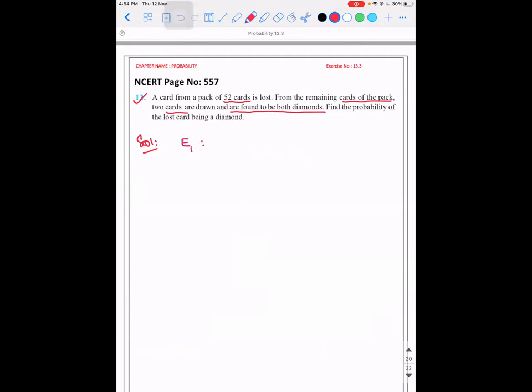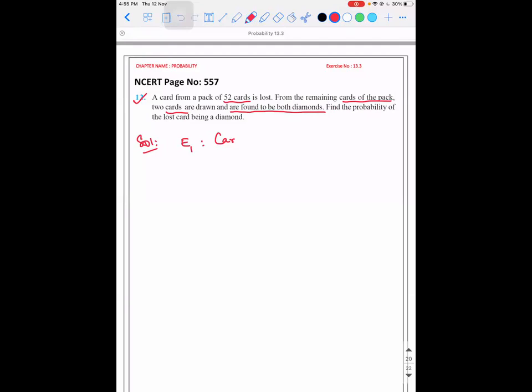So what is event 1? A card is lost. See, if you take the card as lost as event 1, then what will event 2 be? The cards which are remaining. If you take the cards which are lost, then what is the probability of it? 1 by 52. Then cards which are remaining, 51. So you're trying to take them as exclusive. Okay, but here, see, 2 cards are drawn.